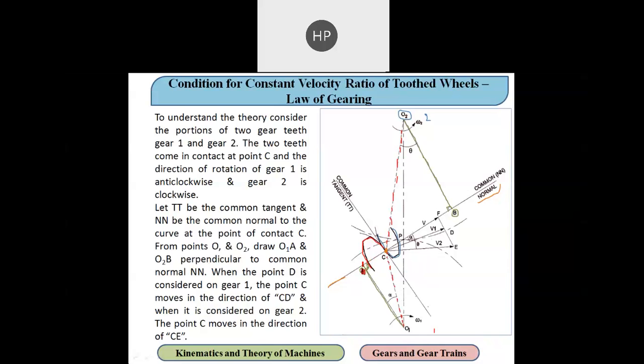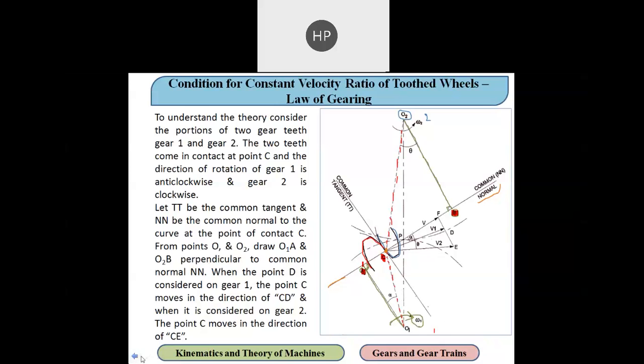So we get point A, and from O2 we have drawn another line connecting to the common normal at right angle, and that is point B. So we have a total of 3 points on this line: A, B and C. Now we consider that gear number 1 is rotating in the clockwise direction, as over here. When it is rotating in the clockwise direction, its angular velocity is omega 1.